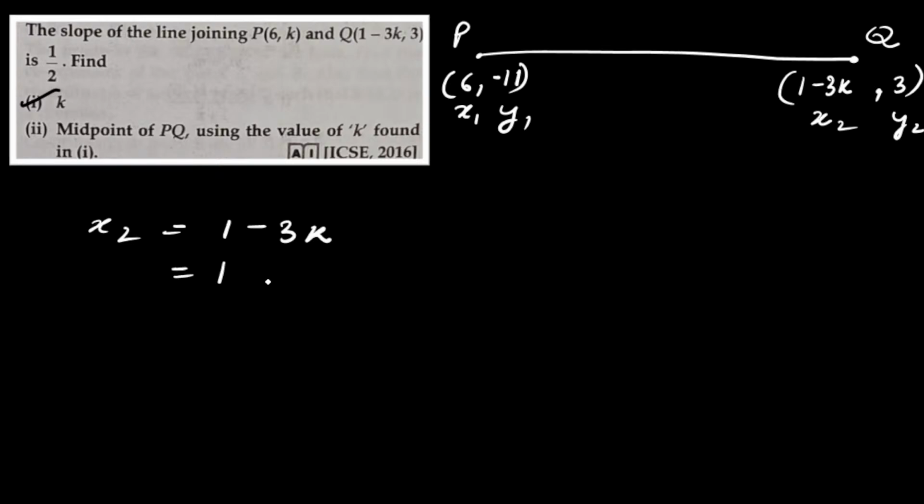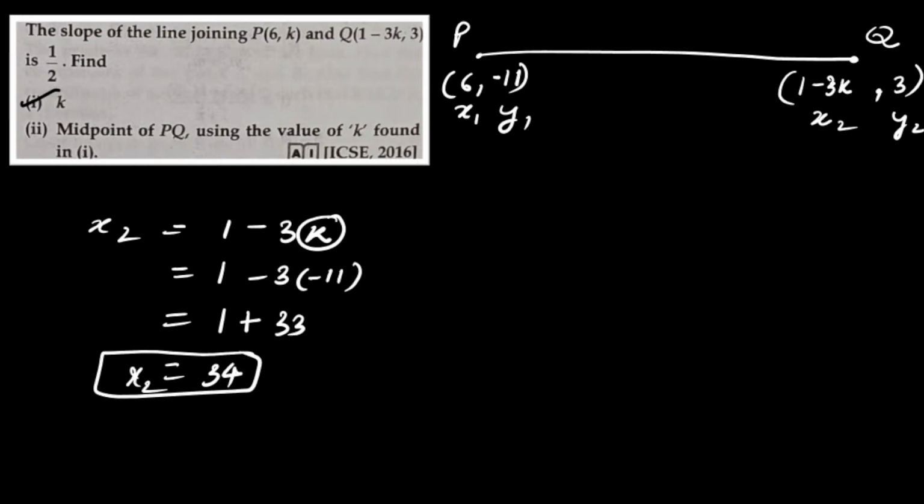K's value if I substitute here, negative 11, so 1 minus 3 into minus 11 will become plus. 3 into 11 is 33. 1 plus 33 is equal to 34. So x2 we found as 34. Let's write here 34.